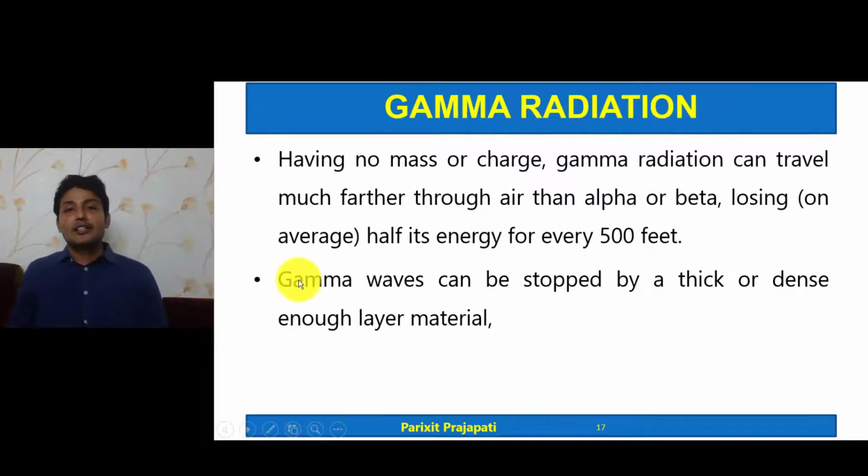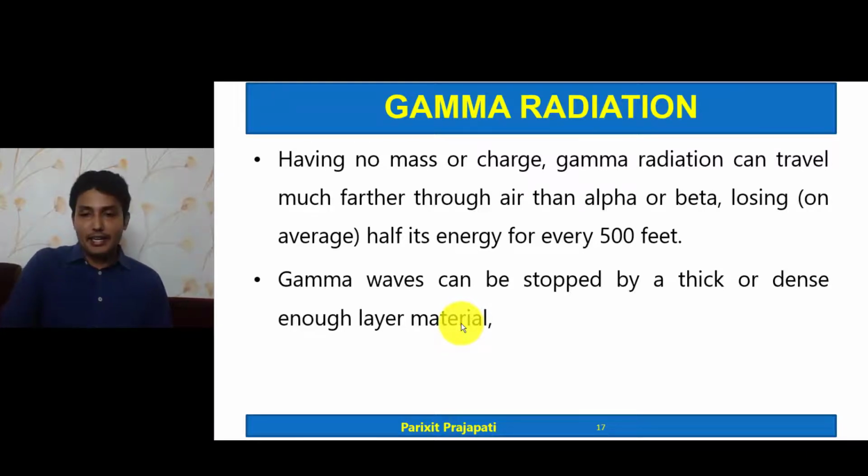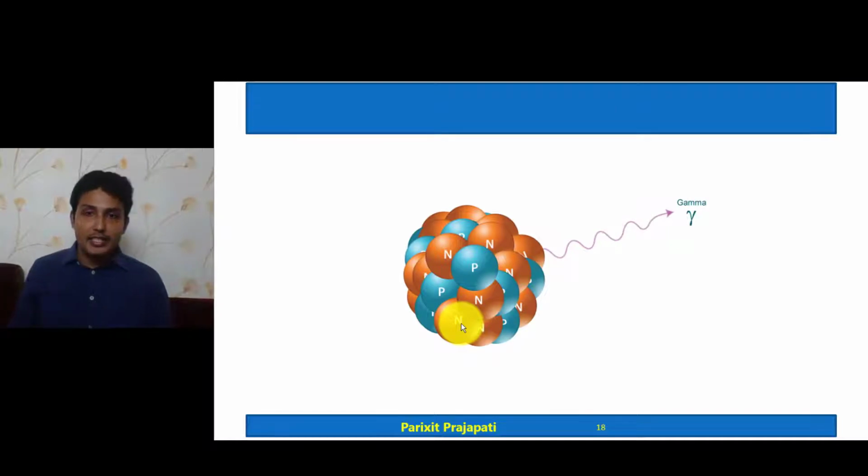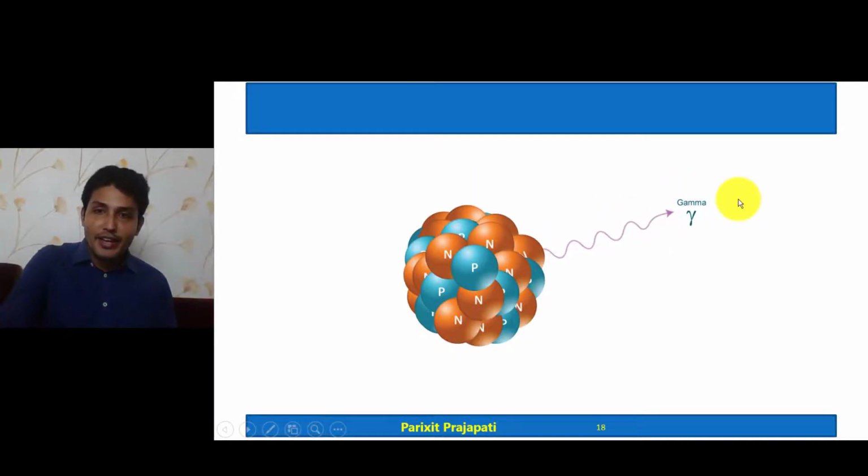It can travel farther in air than alpha or beta, and it loses half of its energy for every 500 feet traveled. So it loses energy as it travels. It can be stopped by a thick or dense enough layer of material, but it has a higher penetration power than alpha and beta. So it is like a photon or a waveform.